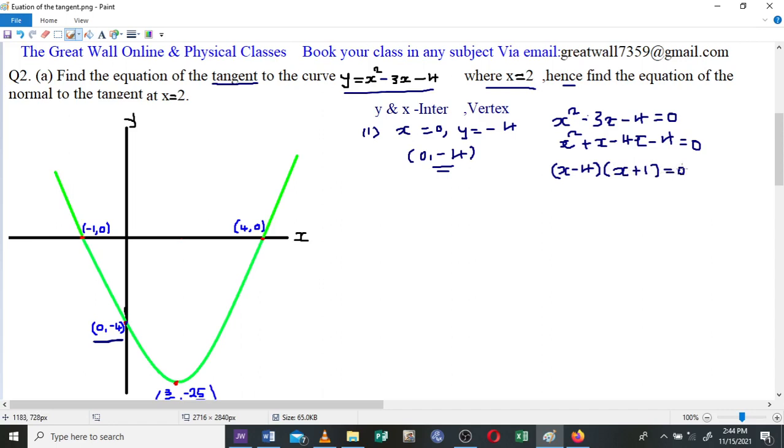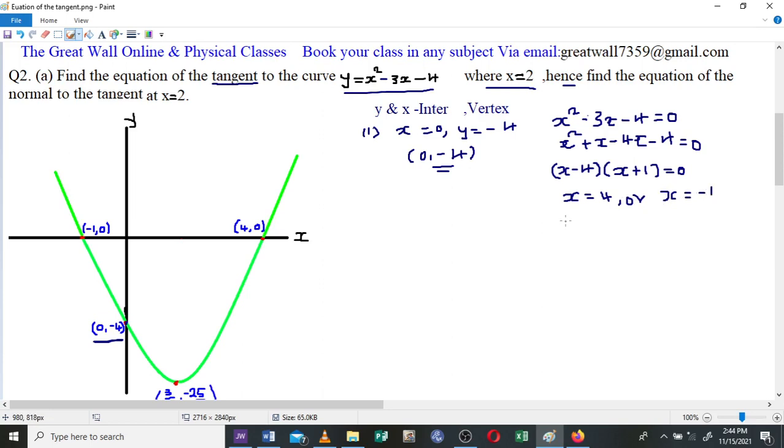So whichever method you use, this will give you x is equal to 4, or x is equal to -1.